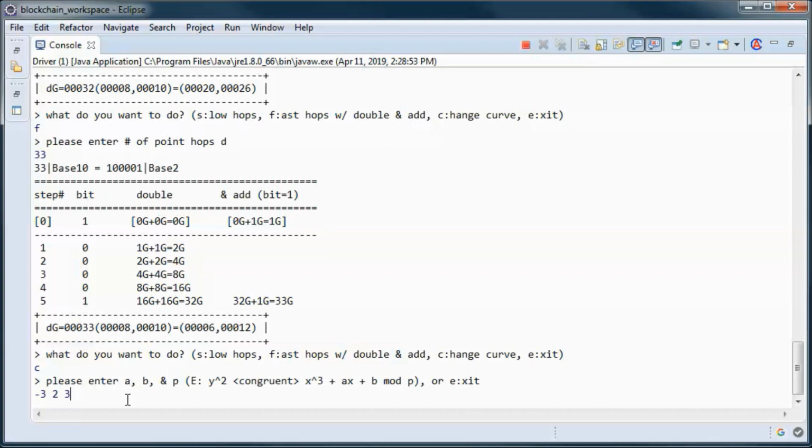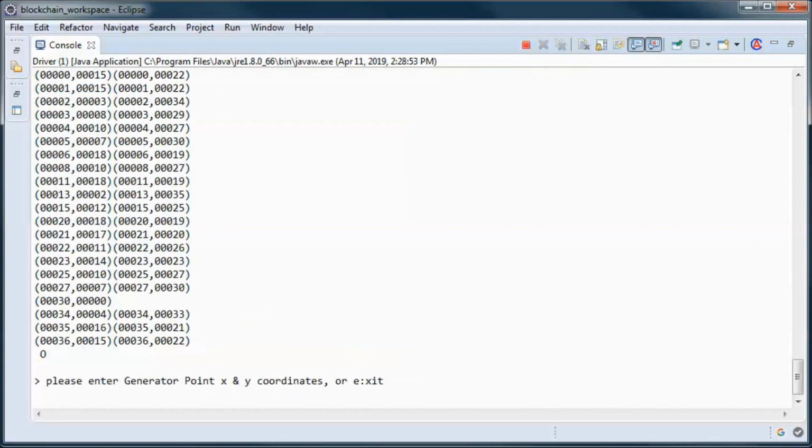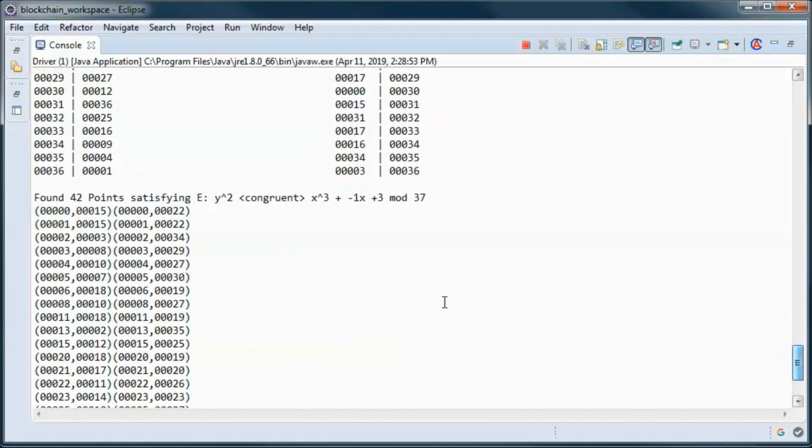So here we detected that we have a singular curve, and let's try this one. So we generated 42 points, or we have 42 points that satisfy this equation.